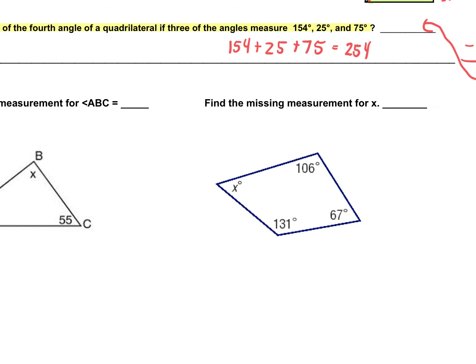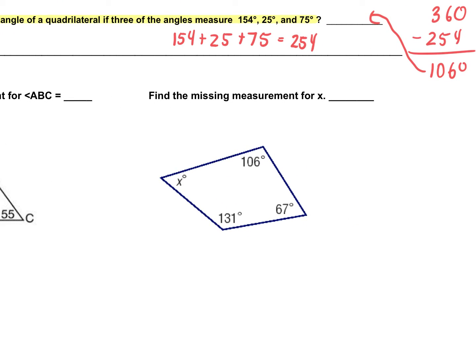Now you're going to do the same thing here. Add these three up first. Tell me what you got when you added those three up. You should have gotten 304 degrees, and now you need to subtract that from 360 to get your missing angle measurement.